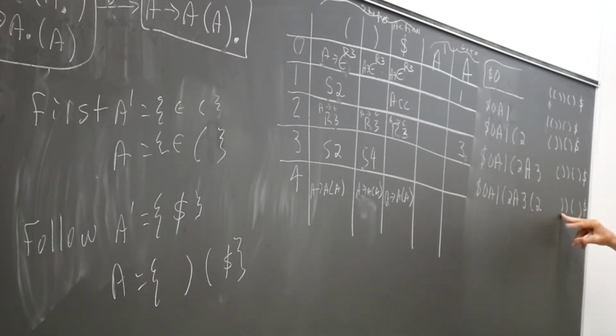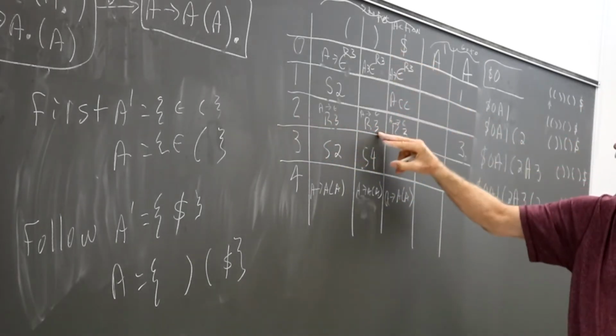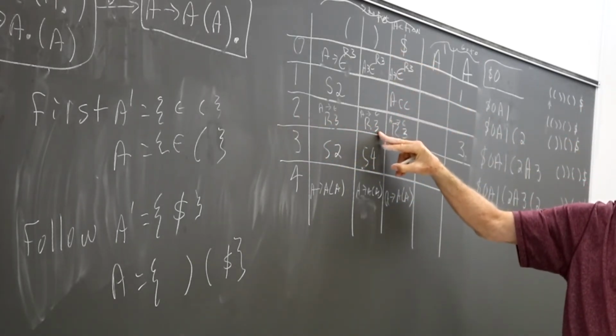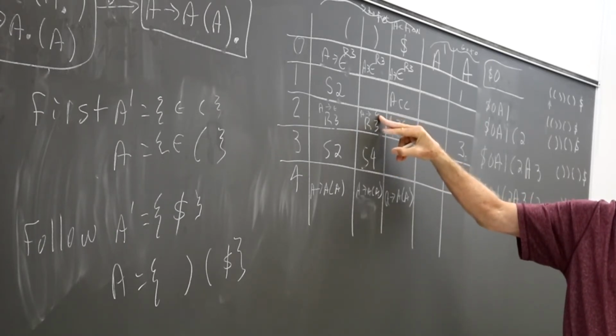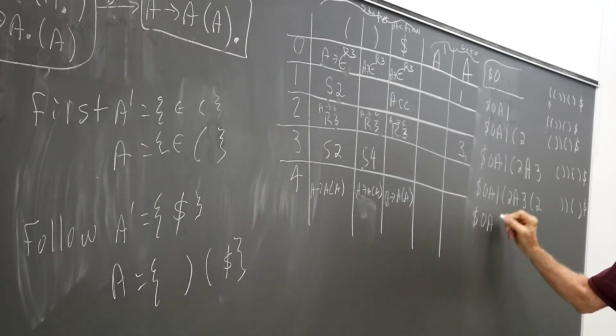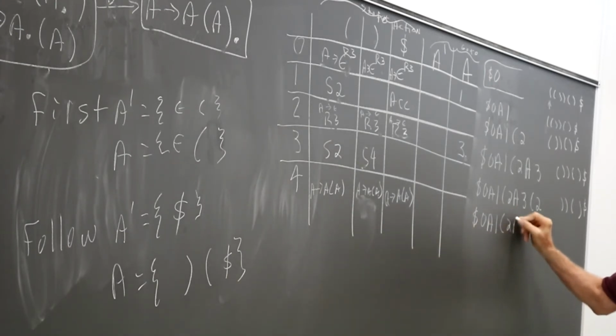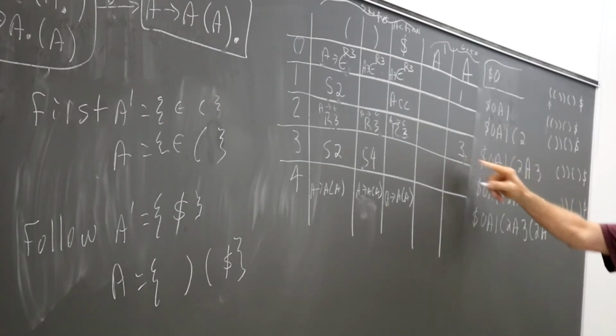Two right paren. Reduce A goes to empty. $0 A1 paren 2 A3 paren 2. Pop the empty, push the A. Go to 3. Paren, dollar. 2A, I'm in state 3.